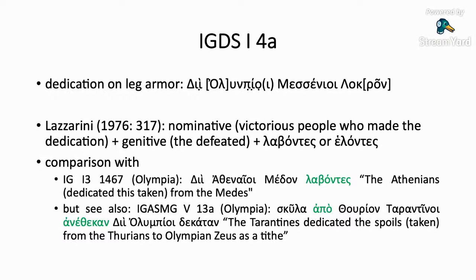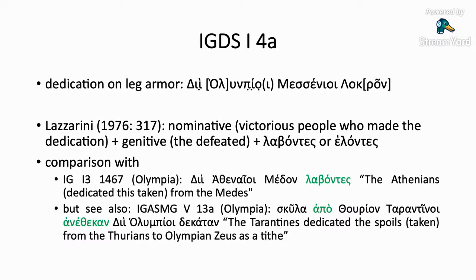So, for example, Lazzarini, in her book about formulaic language, attests that there is a formula with nominative of the victorious people who made the dedication and genitive of the defeated.